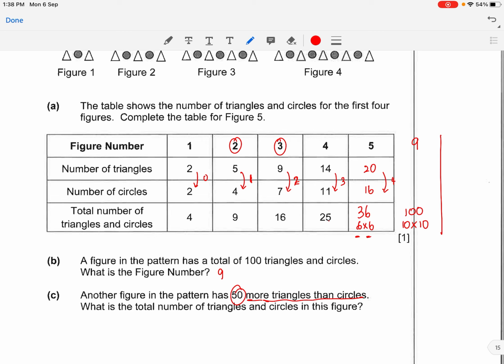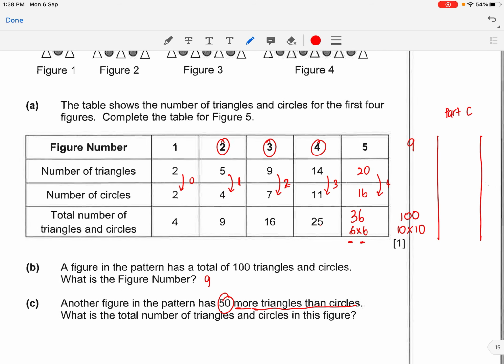If the difference is 3, my figure number is 4, and so on and so forth. So if I have a figure which I don't know, this is part C, and I don't know how much it is, but I do know that the difference is 50. And if the difference is 50, I know that my figure number is plus 1.